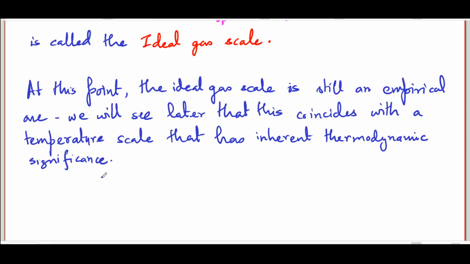This particular scale happens to coincide with what we call the absolute scale or the thermodynamic scale of temperature. But that is something we can only establish later on in the course after we talk about the second law of thermodynamics. But before we can come to the second law, we have to of course go through the first. We are going to lay the groundwork necessary for the first law in our next lecture.